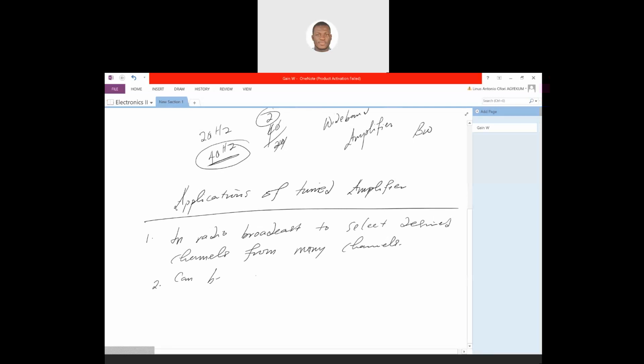So number two, tuned amplifiers can be used to isolate signals.